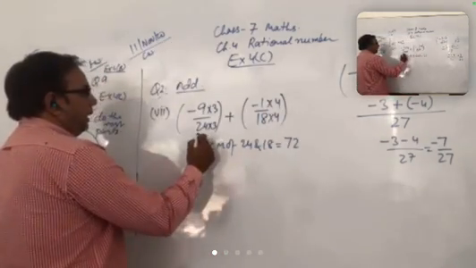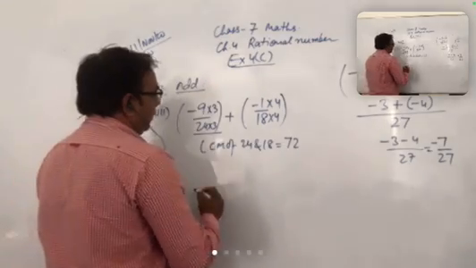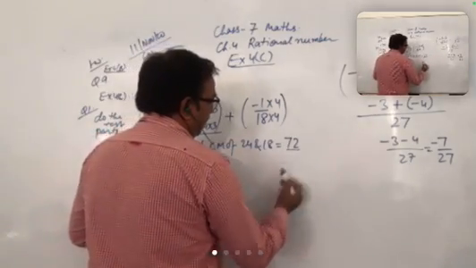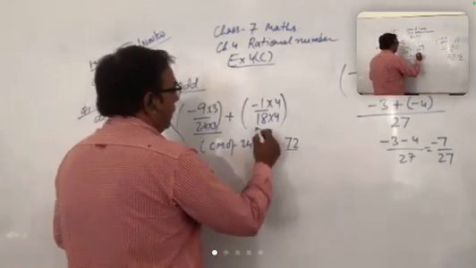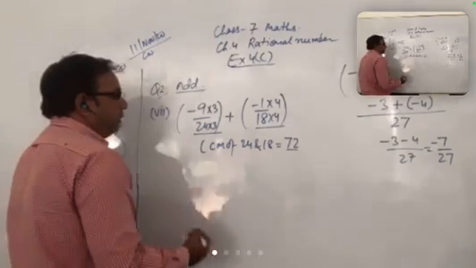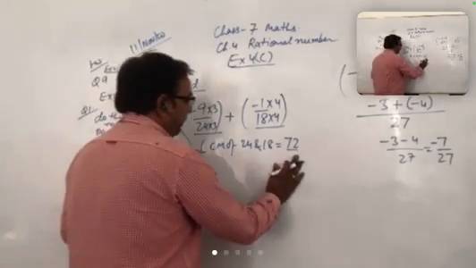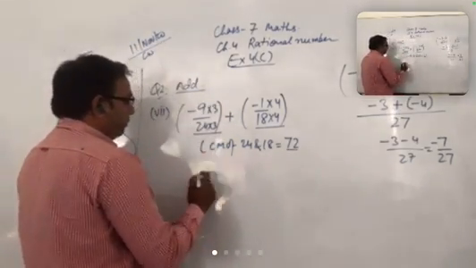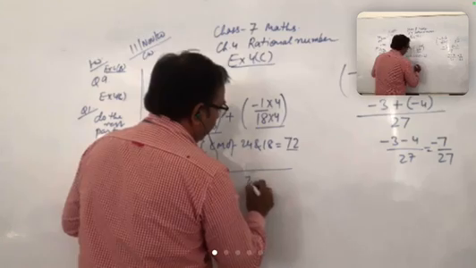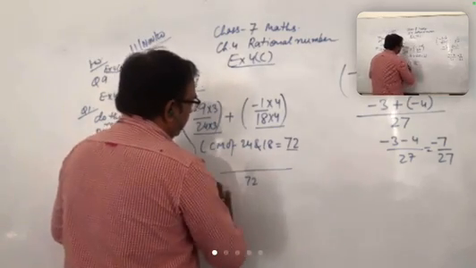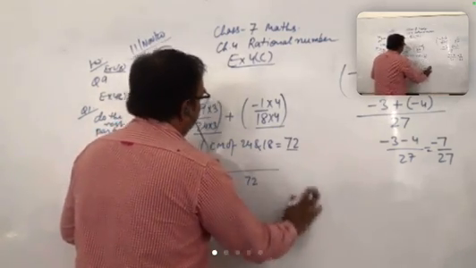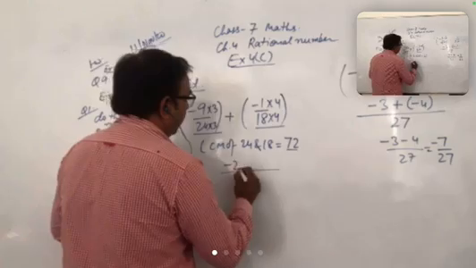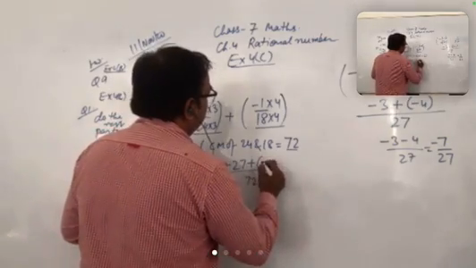If we multiply the first fraction with 3, the denominator will be 72, and if we multiply the second fraction with 4, the denominator must be 72. Now, we can take the denominator as 72, and then 9 3s are 27, minus 27 plus minus 4.